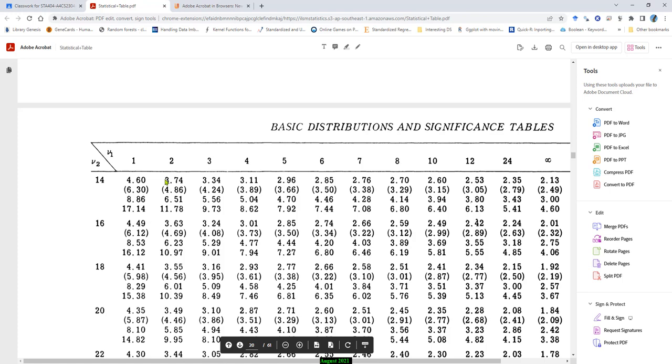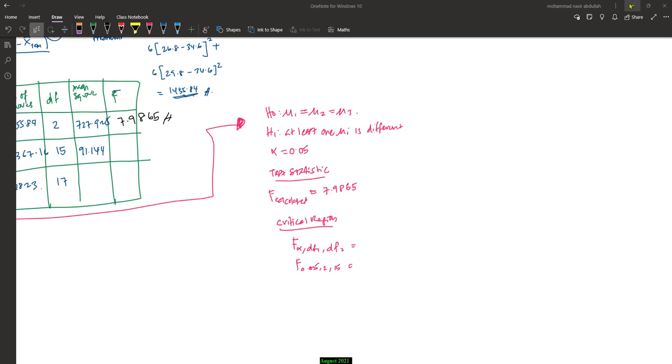So what we can do is we take 3.74 plus 3.63, divided by 2. So this one should be 3.74 plus 3.63 divided by 2, which is 3.685. Can you understand?